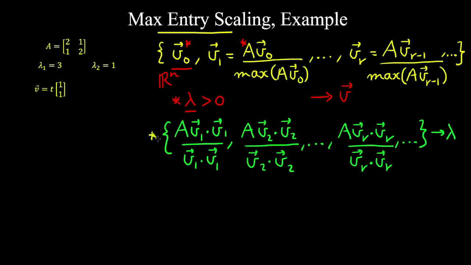So each term in this sequence is of the form AV dot V on V dot V, and this is called the Rayleigh quotient.